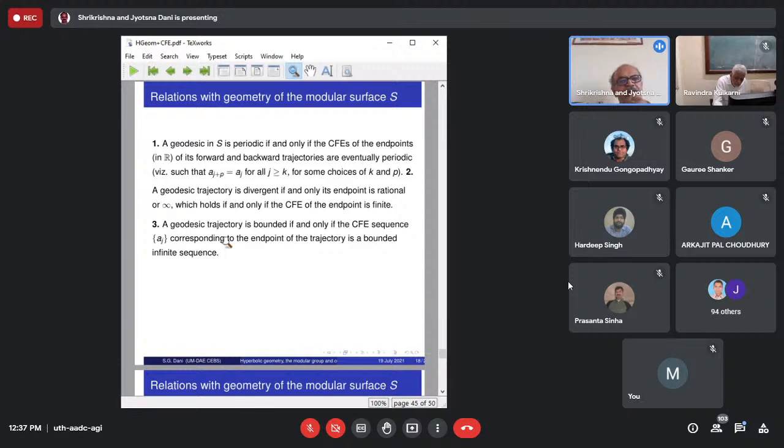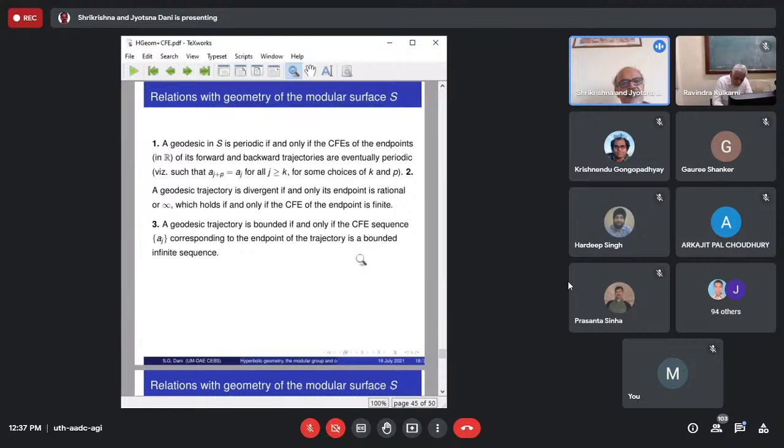A deeper theme, which has been pursued quite considerably in the literature, is that a geodesic trajectory is bounded if and only if the continued fraction expansion a_j corresponding to the endpoint is a bounded infinite sequence. Infinite sequence means that if it is rational, then we know the trajectory is divergent, so it is not bounded.